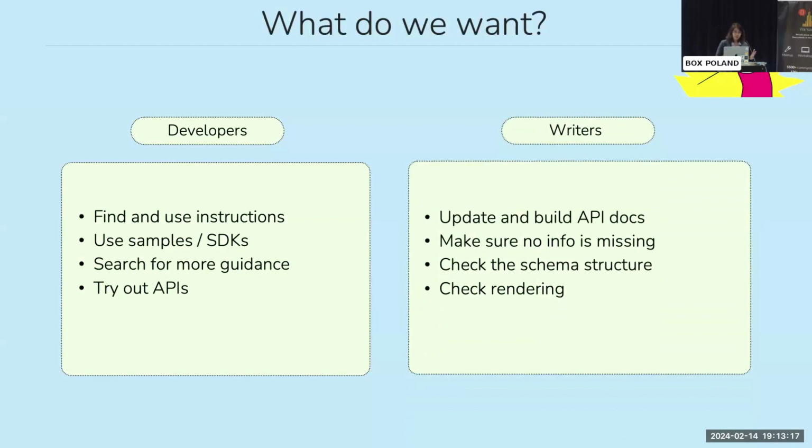We need to check the schema structure every now and then to see if it's complete and if everything is rendered properly. So check the rendering as well. And the question is, does our framework actually have what it takes to provide us with all the necessary aspects and all the necessary tools that we then use to build proper documentation?